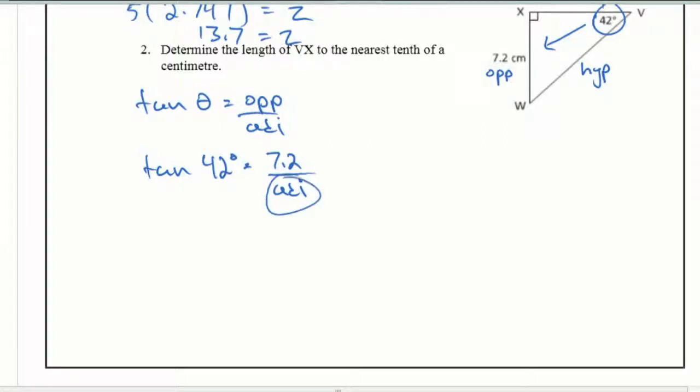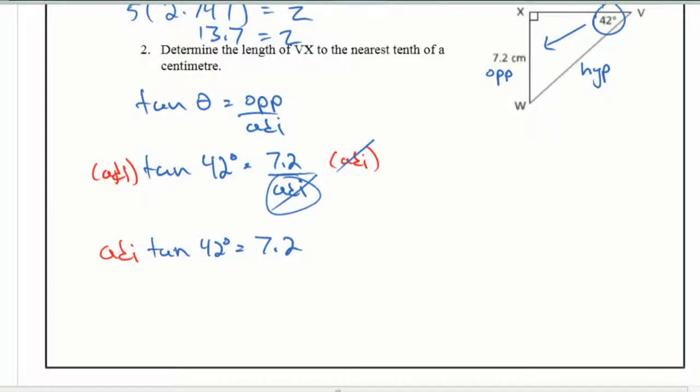The adjacent's on the bottom. I'm trying to get it by itself, so I'm going to bring it to the top. I'm going to multiply both sides by the adjacent. So I get the adjacent times the tangent of 42 degrees, which is just a ratio of sides, is equal to 7.2. The adjacent cancels.